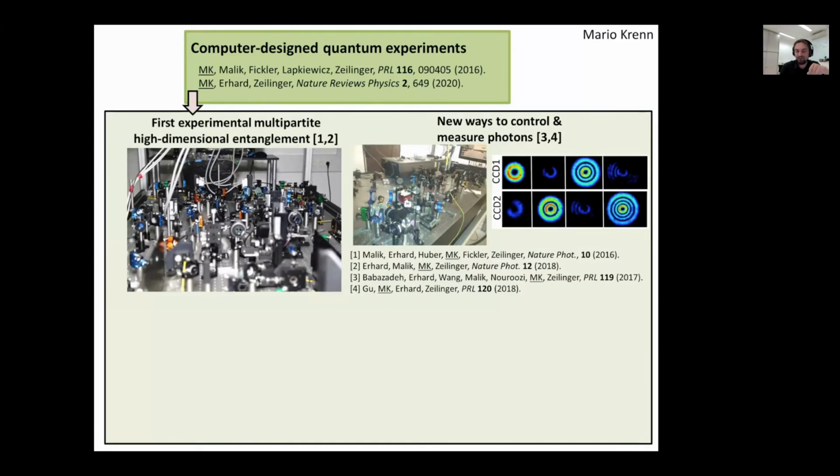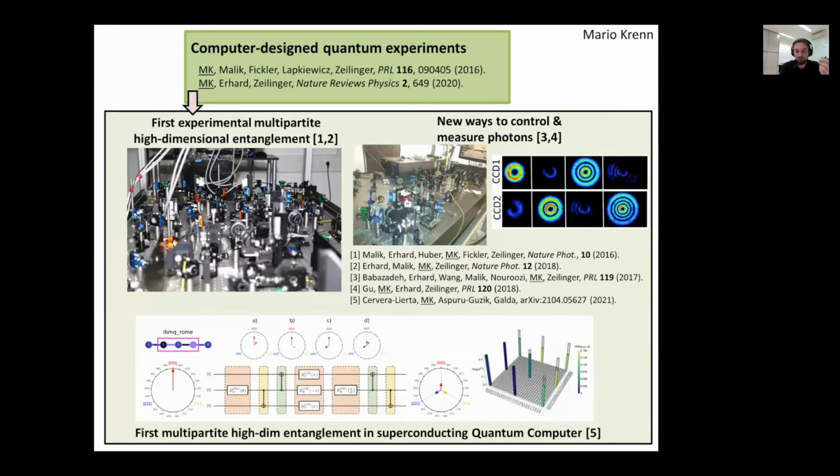And very recently, actually, we've applied a variation of this algorithm to a non-photonic system. We found a quantum circuit for quantum computers that produce a never observed complex type of entanglement in a superconducting quantum device. So this was made possible by a special hardware access that we got from IBM's quantum computing team.